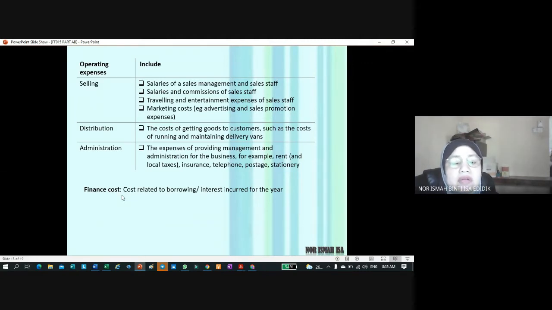So the interest will go under finance cost. Untuk finance cost, this is all related with semester 2 sebab nanti ada tajuk ratio. Presentation dia lain, nanti saya akan tunjuk semester 2. As for the sole trader, kita tak kisah, masuk je lah expenses. Tak payah nak kategorikan pun tak apa.